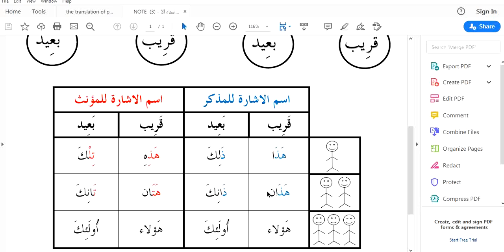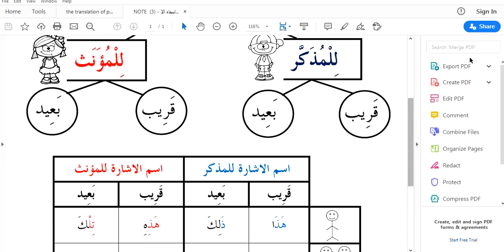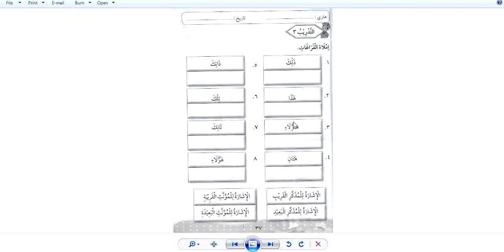All this I explained in my previous video. And also the shared هؤلاء and أولئك: both of them can be used for boy and girl, but هؤلاء is for near and أولئك for far. This I have also uploaded in the Google Classroom. Inshallah, this will also help you understand this lesson. If you have any question regarding this, you may ask me.